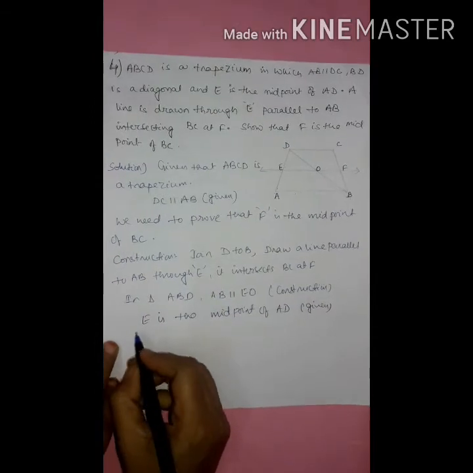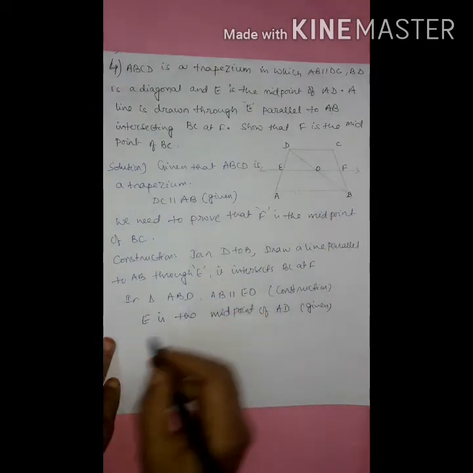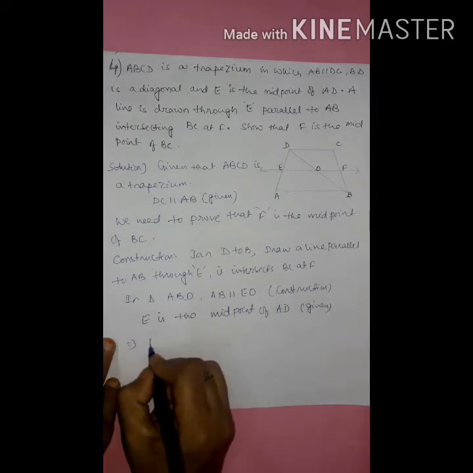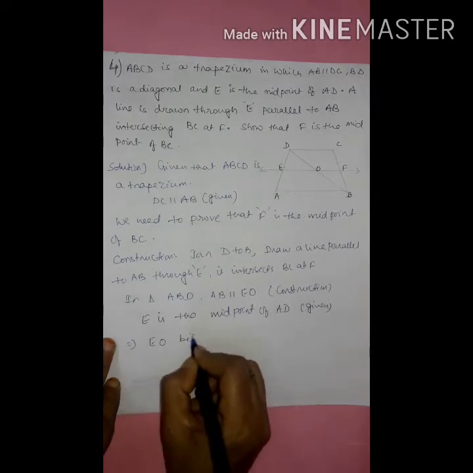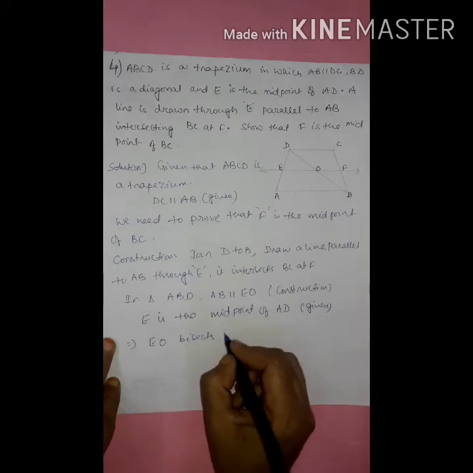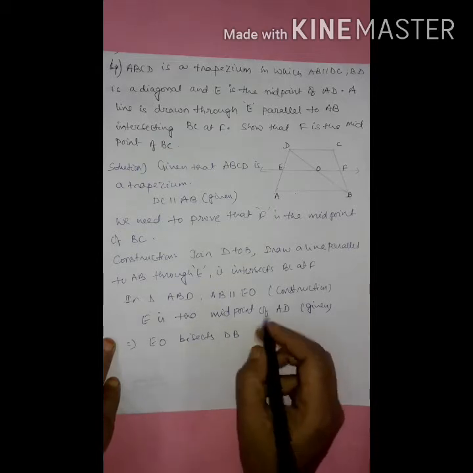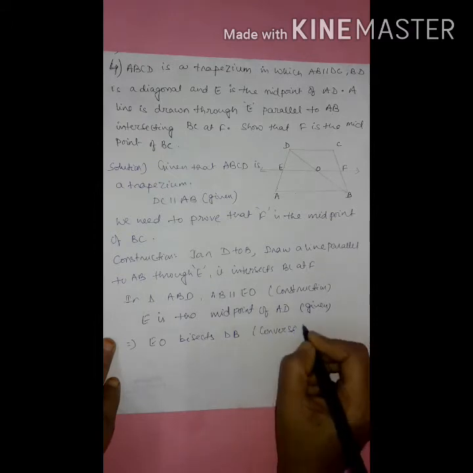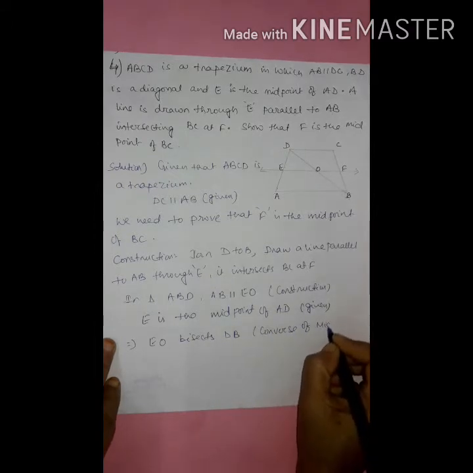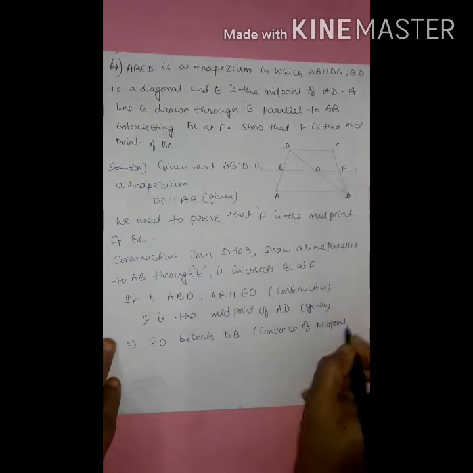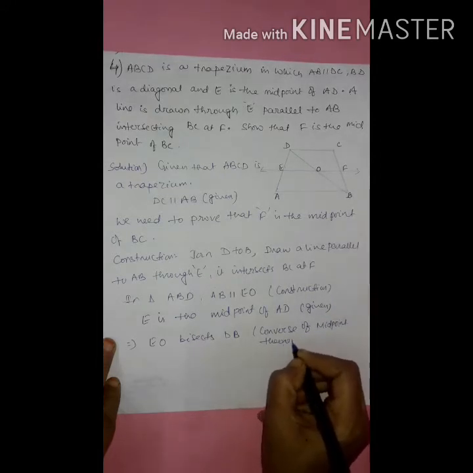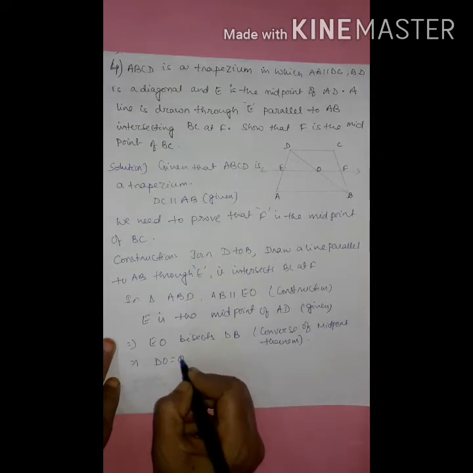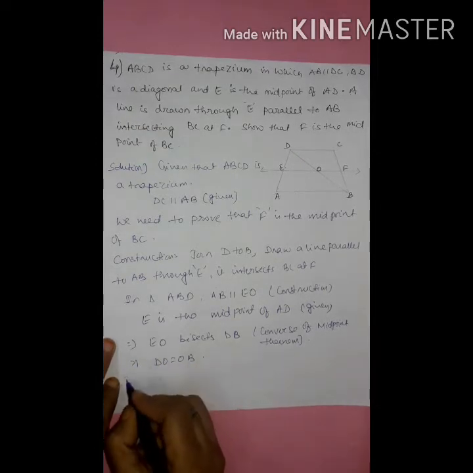By this converse of the midpoint theorem, EO bisects DB. This implies DO is equal to OB.